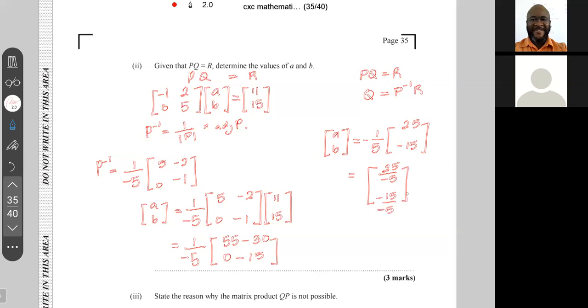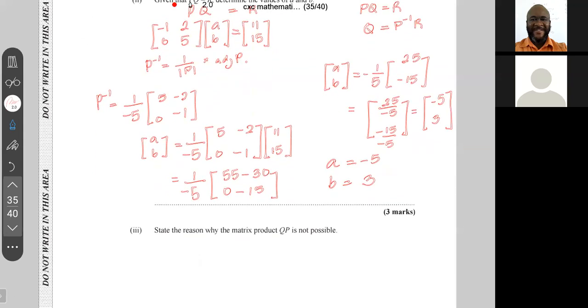So this is going to work out to be minus 5 at the top, and minus 15 divided by minus 5 is positive 3. So this means that A is equal to minus 5 and B is equal to 3. All right, this is matrices.